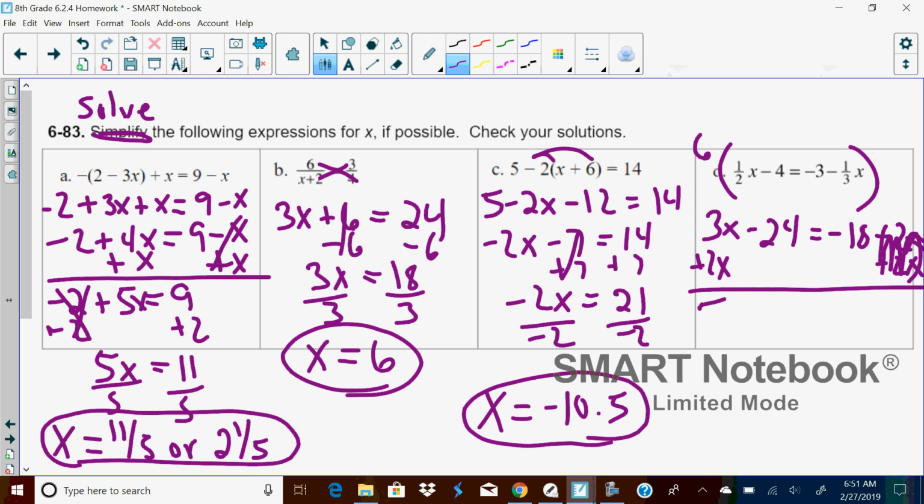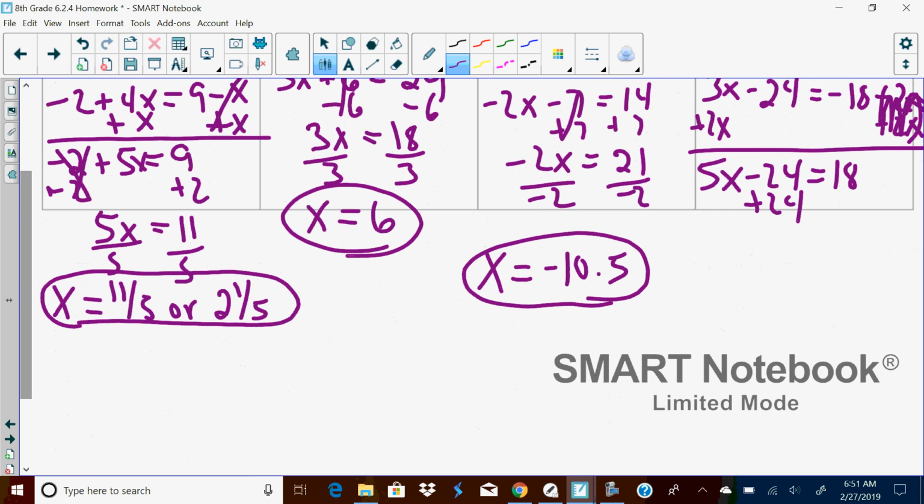So I'm going to get 5x minus 24 equals negative 18. Add 24 to both sides. So I get 5x equals negative 18 plus 24, which is 6. So I divide both sides by 5. So I get x equals 6 over 5.